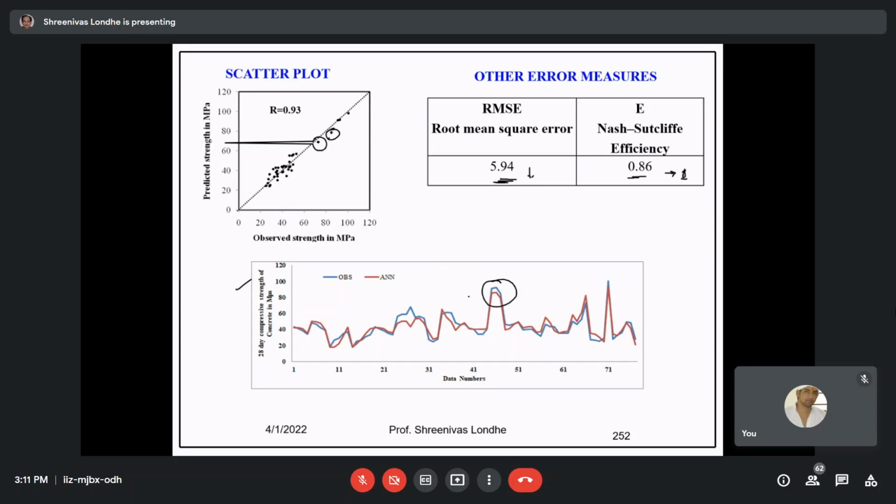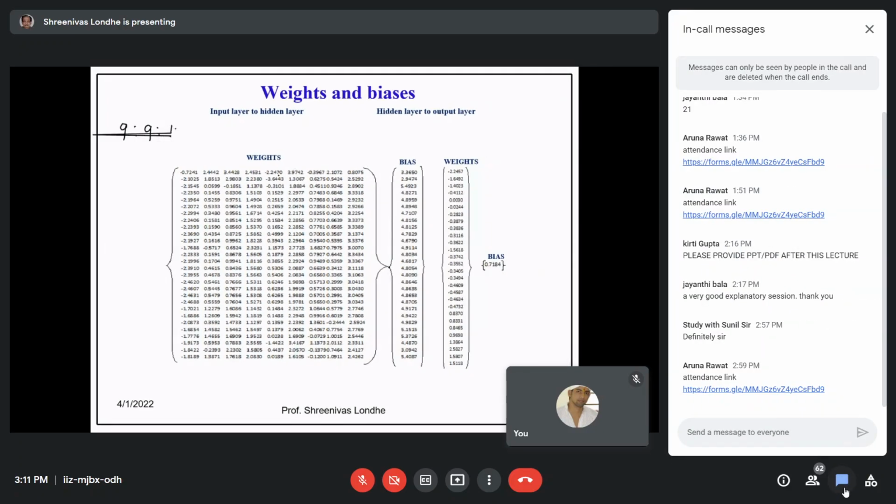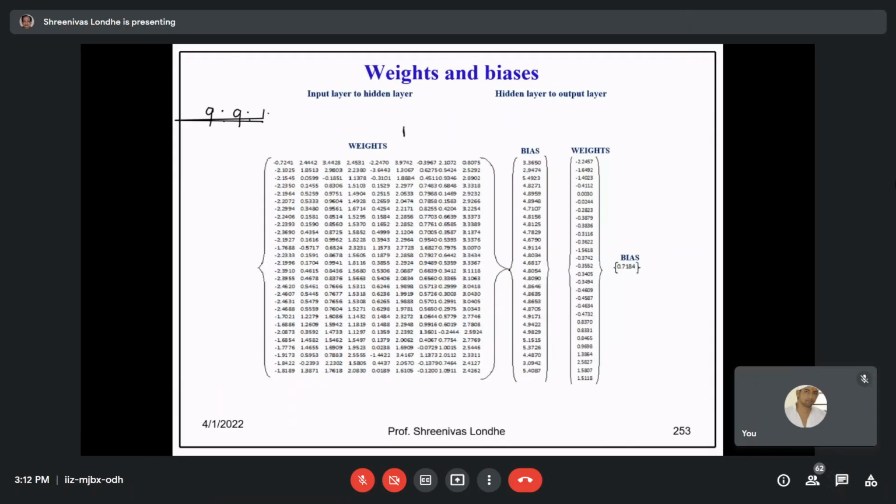A slight variation can be seen here, which can be taken further and solved by using different types of networks or by changing the number of hidden layers, etc. So this is how your weights and biases actually look. If you remember, we said it is 9:9:1. So these are the weights and biases from the input layer to the hidden layer, and from the hidden layer to the output layer.